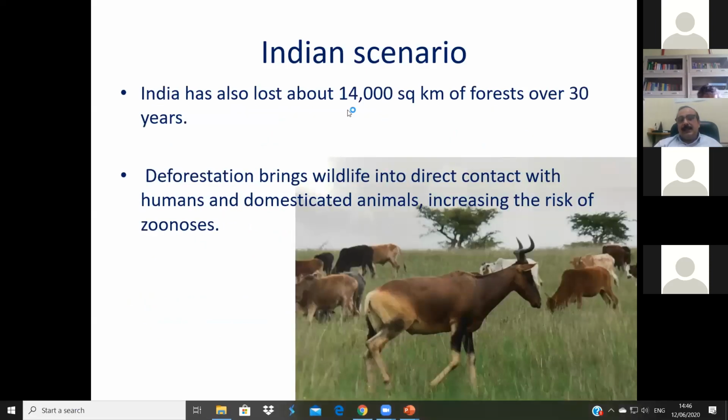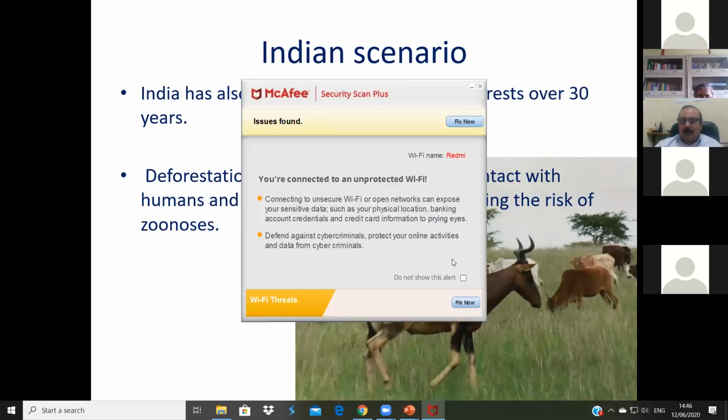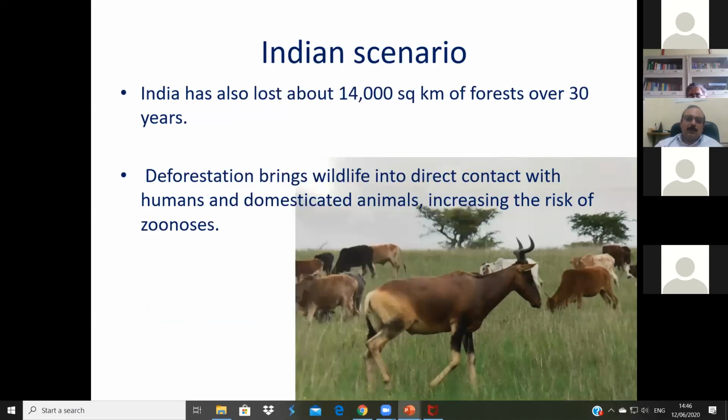Now, as India is progressing, we are also losing forest. The government is trying to make man-made forest, but the original forest which was there has been lost. What has this done? It has brought wildlife near to livestock.